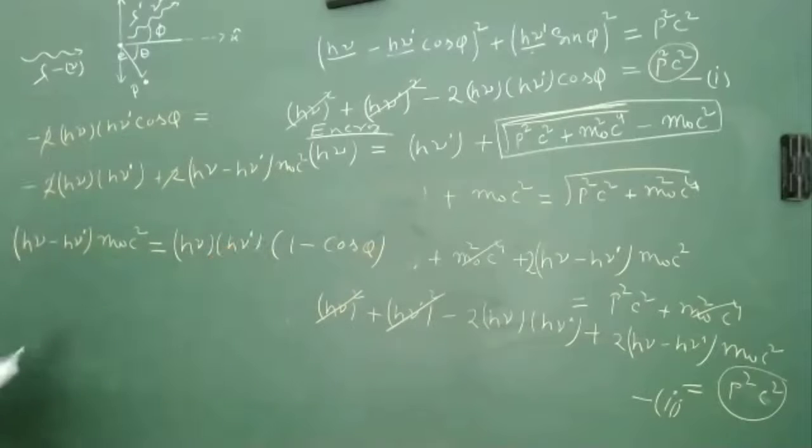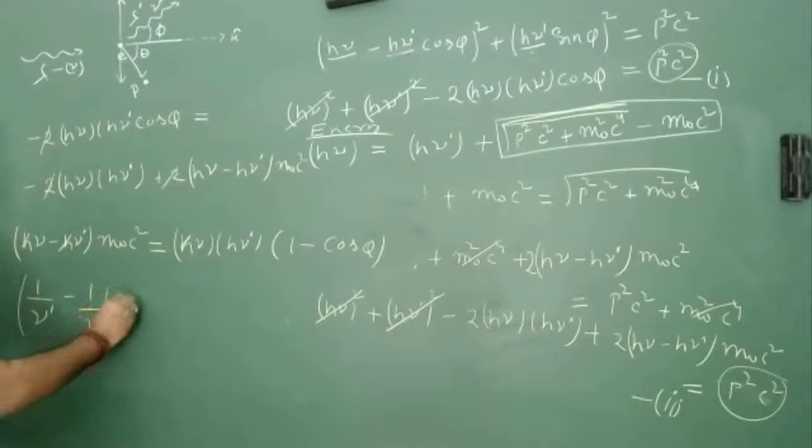And now we will just divide this thing from here. 1 h will cancel out, and 1 h I will take here and divide it. So we have 1 upon nu dash minus 1 upon nu; we are dividing with nu and nu dash on both sides.